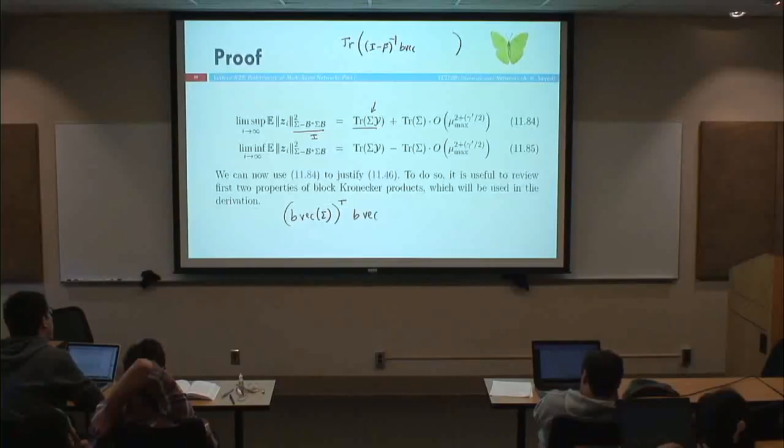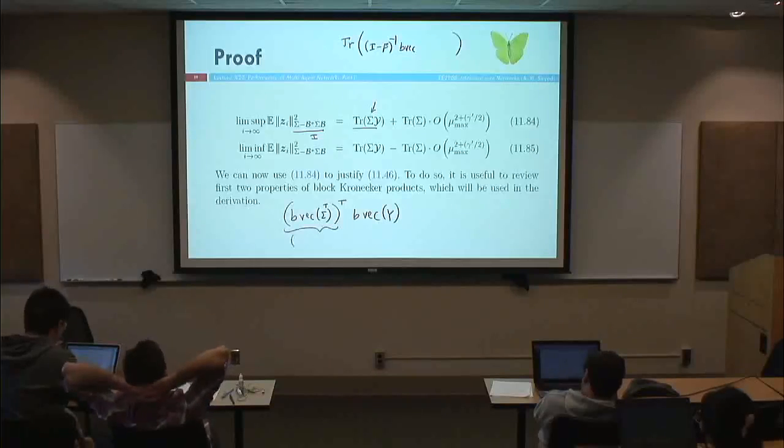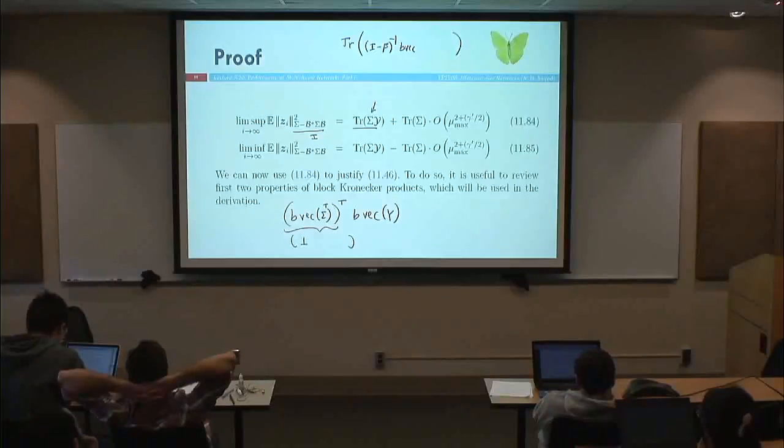Remember the property I just showed you? So if I put the b vec here, it will be I minus F inverse b vec of I, transpose, times b vec of y. This is exactly the expression I had before for trace of x.